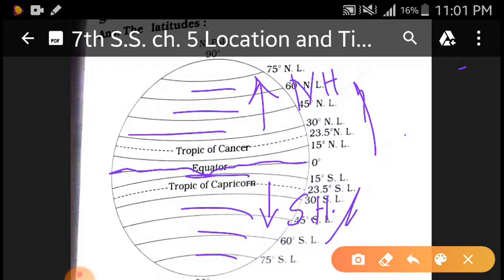I hope these two terms are clear in your mind. The equator is the line in the center of the globe, and it makes the globe into two parts, the north hemisphere on the top and the south hemisphere.